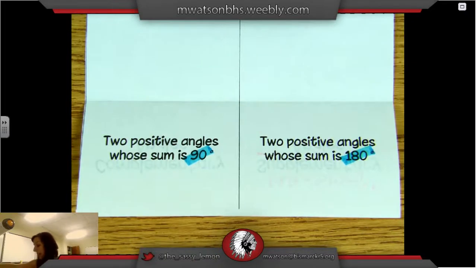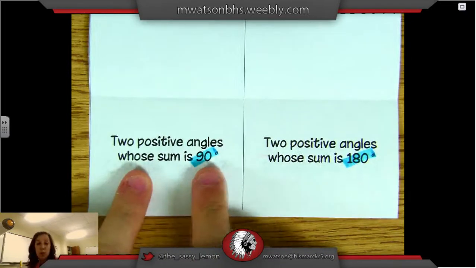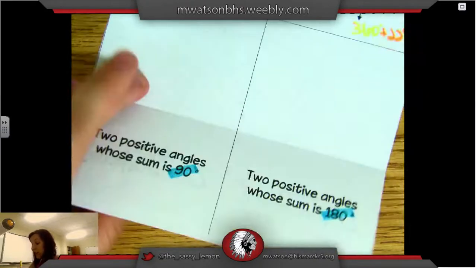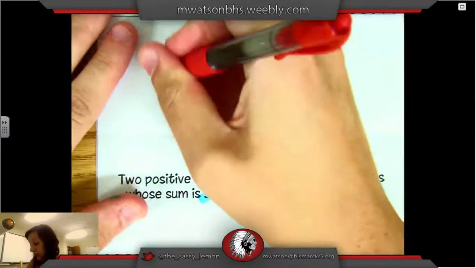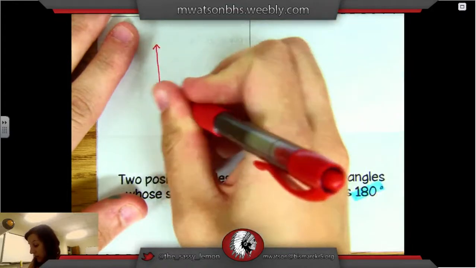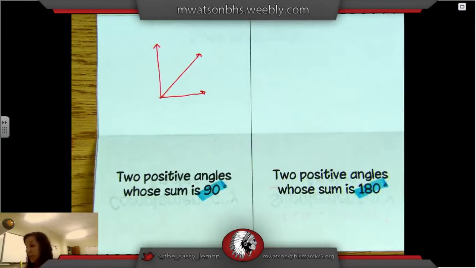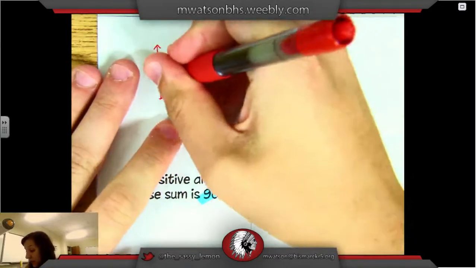And don't forget, these angles are angles that add up to, or their sum is 90 and 180. So if we want to draw some pictures, well, we can just draw a right angle and then divide it in two and say these two angles, 1 and 2, are complementary.